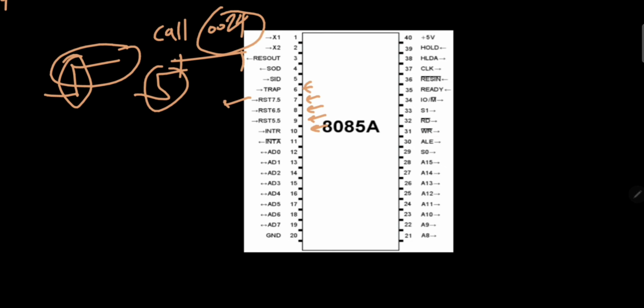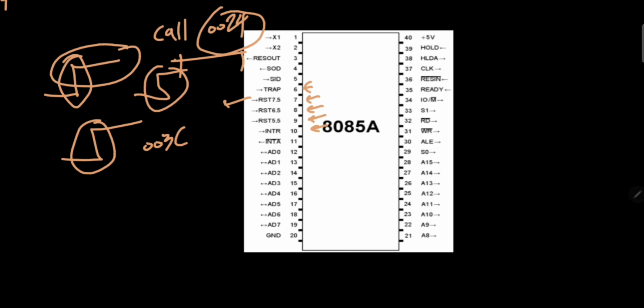RST 7.5: if the CPU sees the signal coming to this pin goes high, not staying high, but goes high, then it would push whatever is inside the PC on the stack, and then it would jump to the location of 003C. Why 003C? Because we said this would be multiplied by 8.